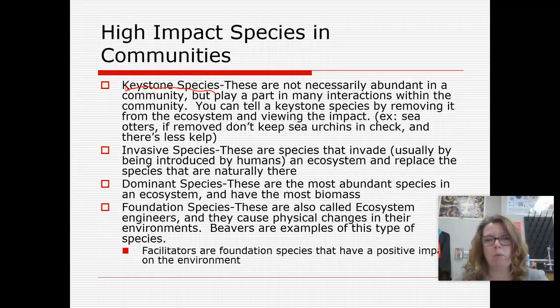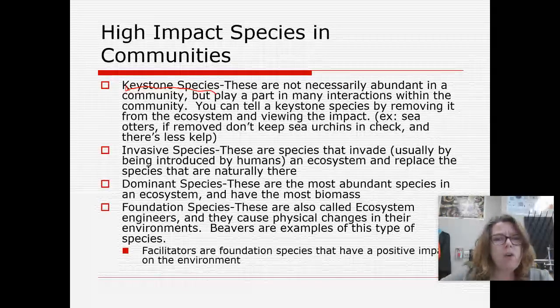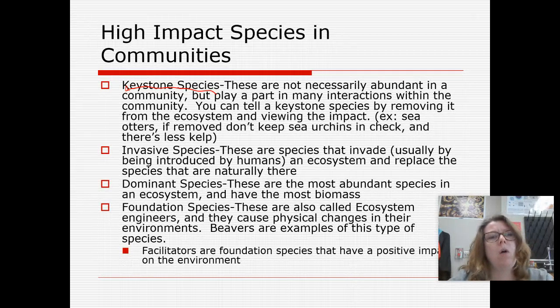The whole ecosystem crumbles, and you end up with flats where there's no kelp growing at all. There are a lot of organisms that depend on those kelp beds to have offspring, to stay safe. So you can see if you remove sea otters, you're going to have vast impacts on that ecosystem. So that's what a keystone species is.